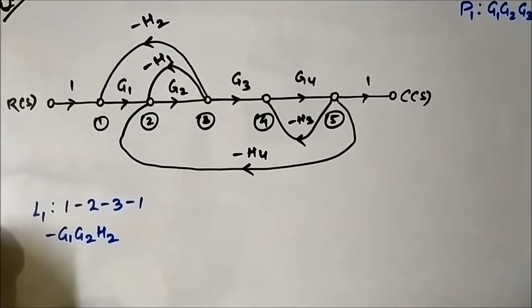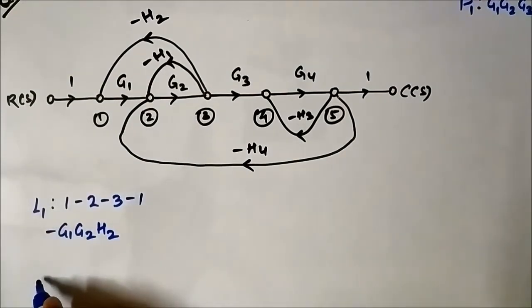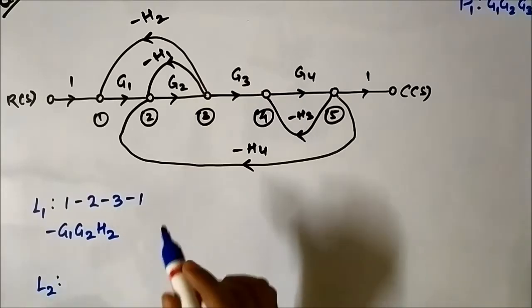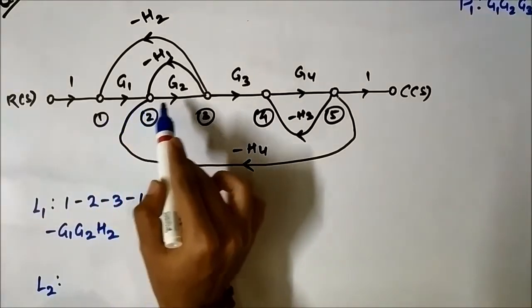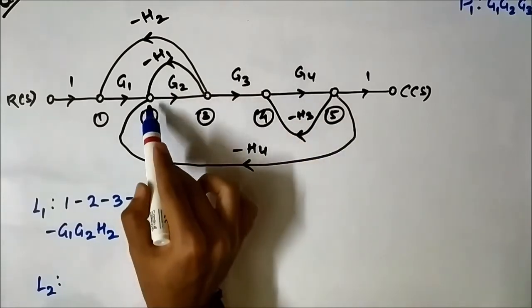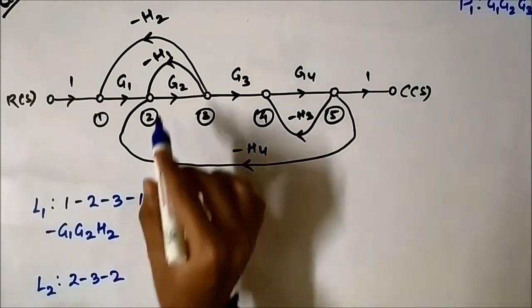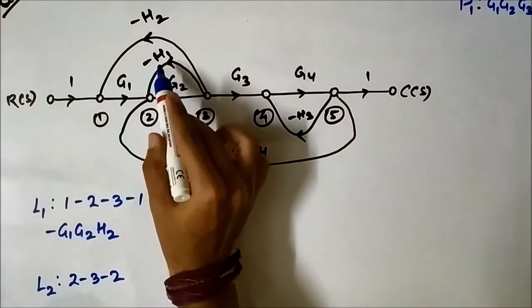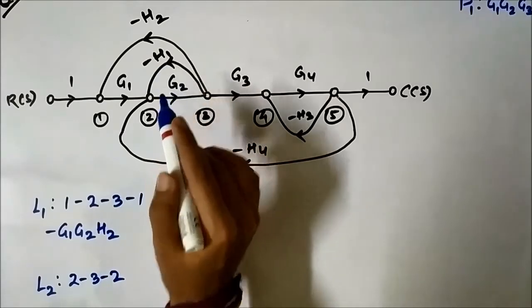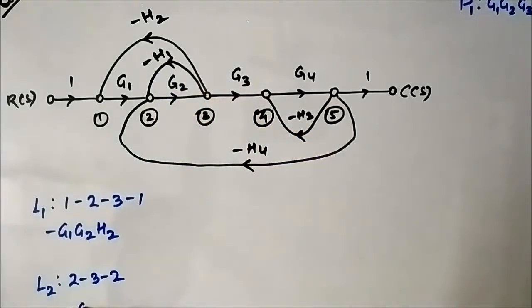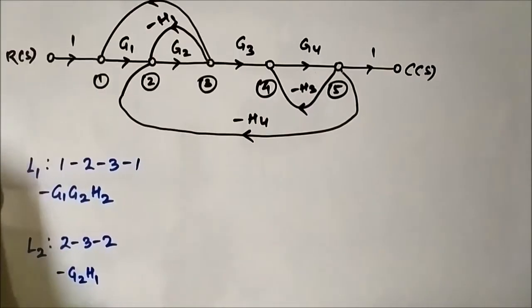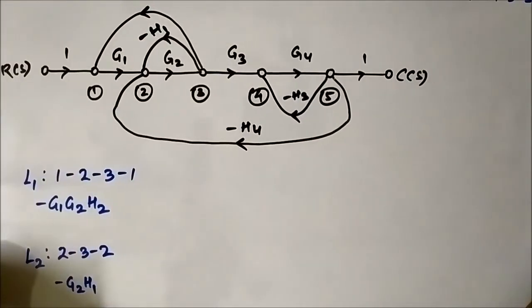This is loop number 1. Similarly, loop number 2: 2, 3, 2. It starts and ends at the same node. The gain is G2 into minus H1, so it will be minus G2 H1.